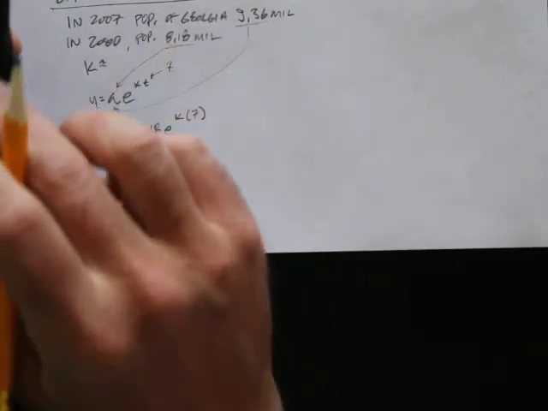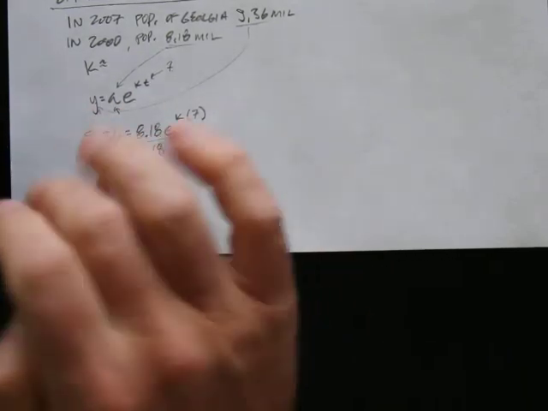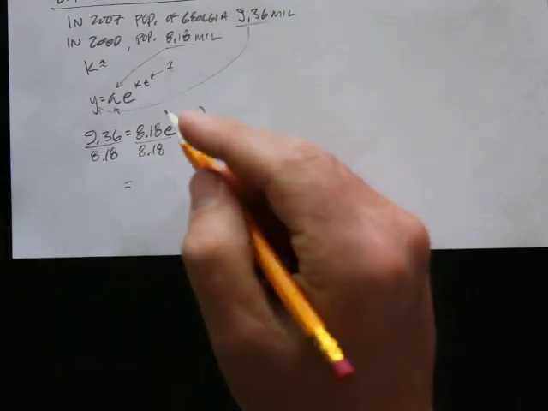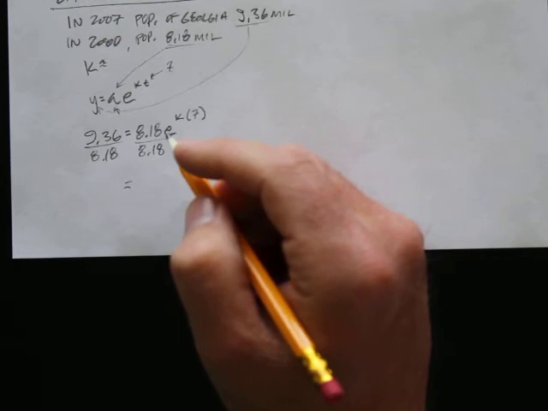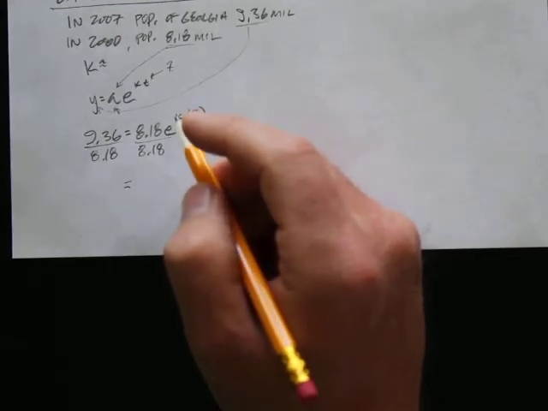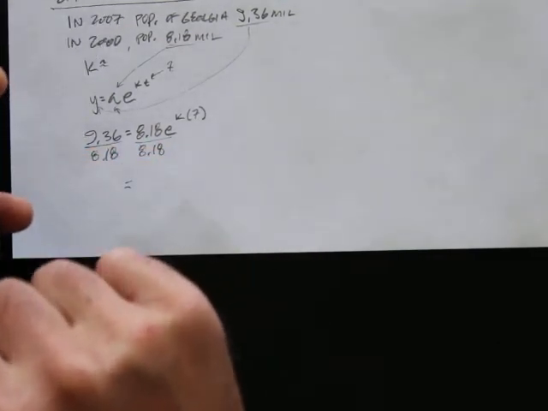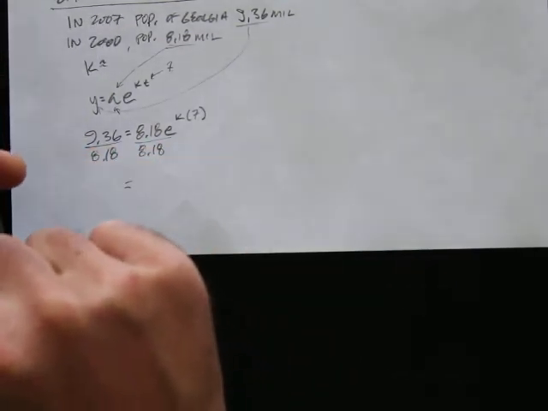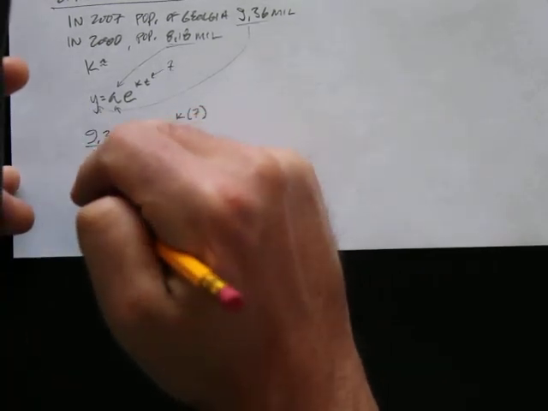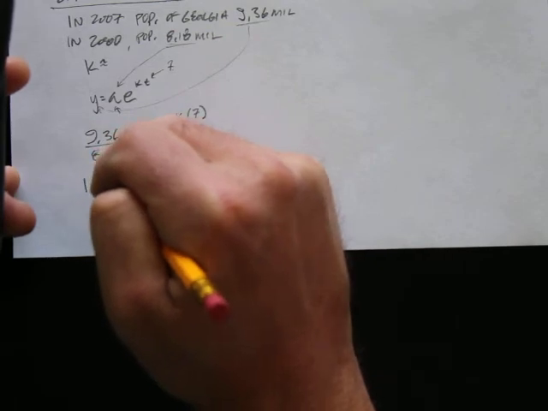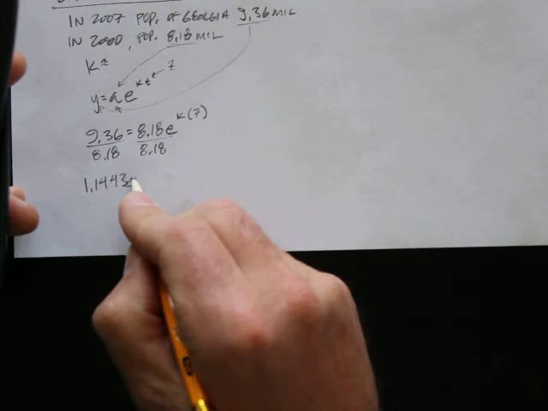I'm going to put this in my calculator. 9.36 divided by 8.18, and I get, ew, gross. Oh, that's the problem. I didn't put the point on the 8. All right, 9.36 divided by 8.18. All right, that's right. So I get 1.1443 approximately on this side.